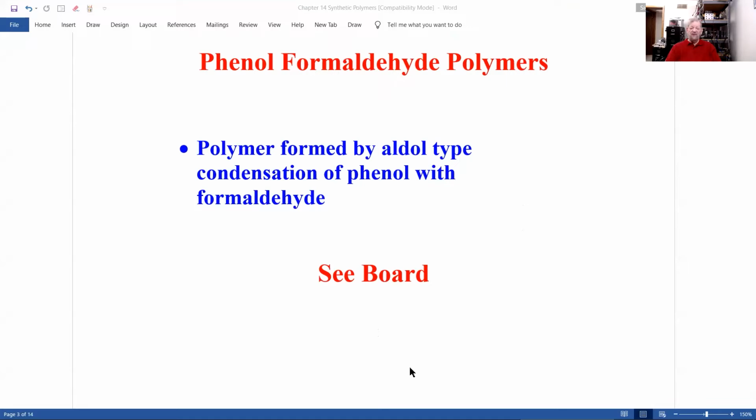The one thing about phenolic resins, they're very heat stable. If you look at knobs of certain older ovens and stoves, they'll be made with phenolic resins.